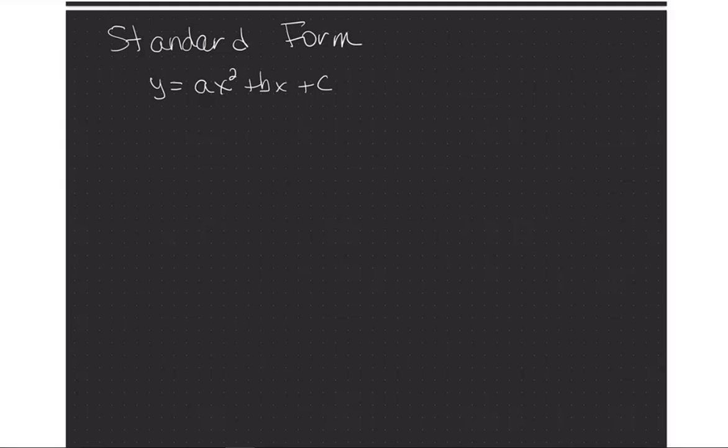So this is the form that we're kind of used to seeing quadratics written as. For example, you could have y equals 2x squared plus 4x minus 30. So that would be your standard form.